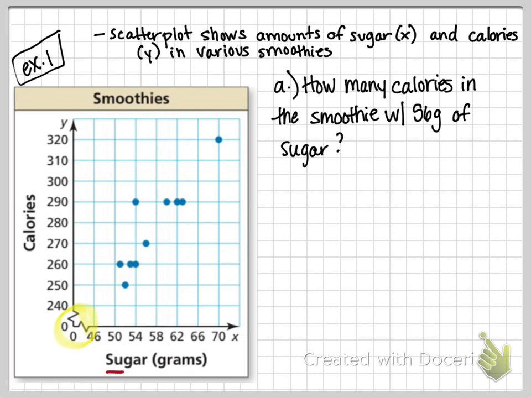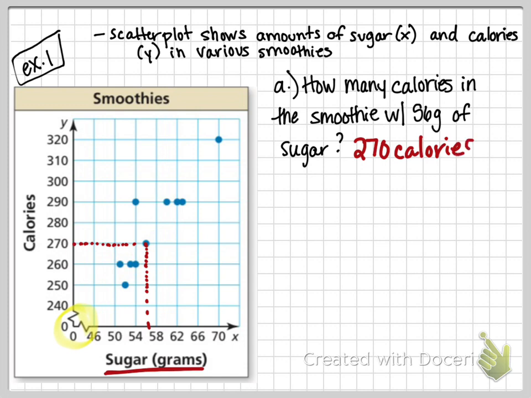If we look along our x-axis, which is where we're looking at sugar, and we find 56, which is going to be right between 54 and 58, somewhere in there. So if we go up from 56, then we find that smoothie. How many calories does that smoothie have when it had 56 grams of sugar? 270.